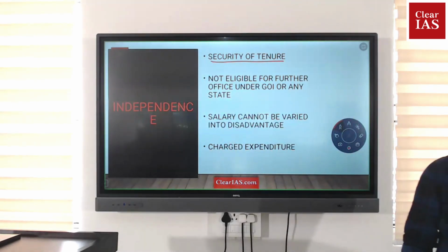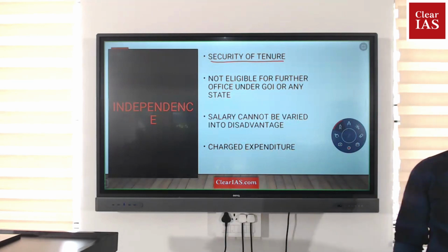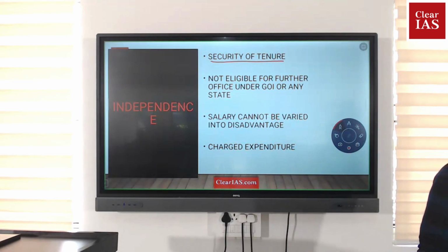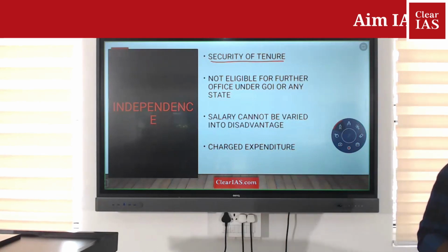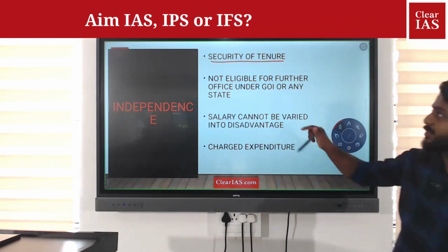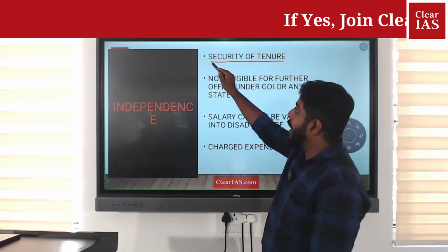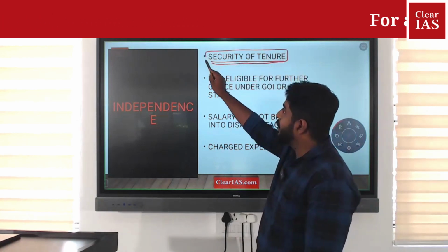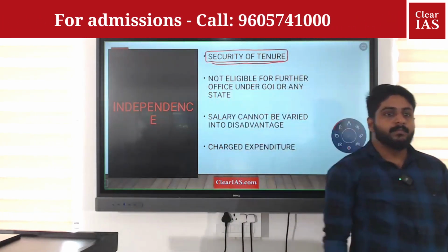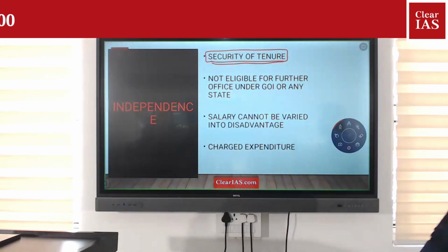I have told you that the Comptroller and Auditor General can be removed by the President of India on the recommendation of the Parliament, which means that there is a security of tenure. In other words, the removal is not on the basis of the pleasure of the President. It is on the basis of the recommendation of the Parliament. So he has got the security of tenure.